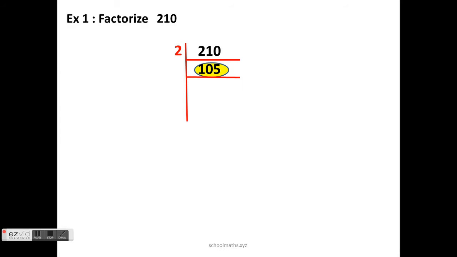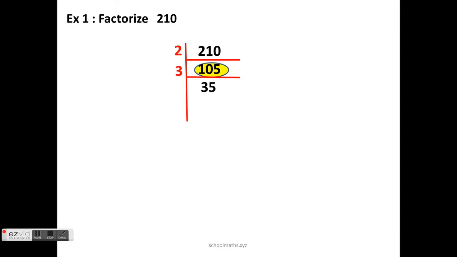Now 105 is not divisible by 2. Check for 3. How to check for 3? Add all the digits. 1 plus 0 plus 5 is 6. 6 is divisible by 3. So 105 is divisible by 3, and the result is 35.